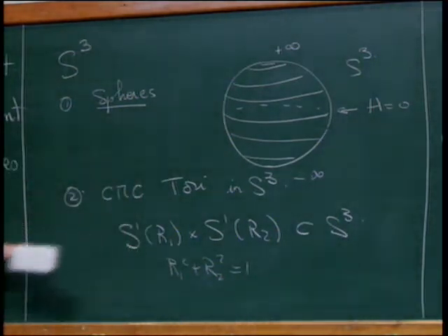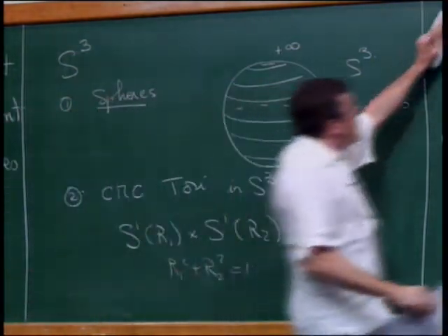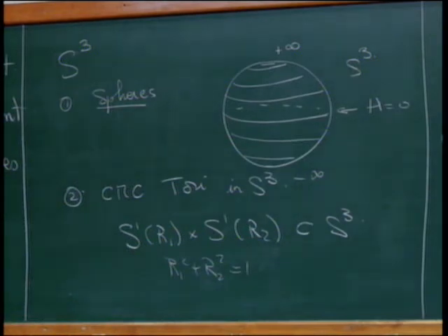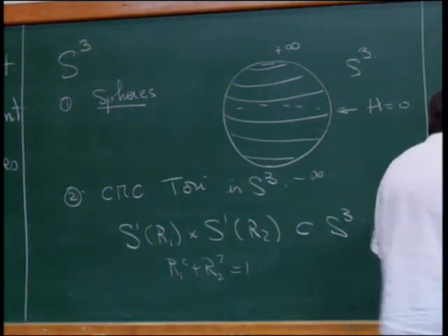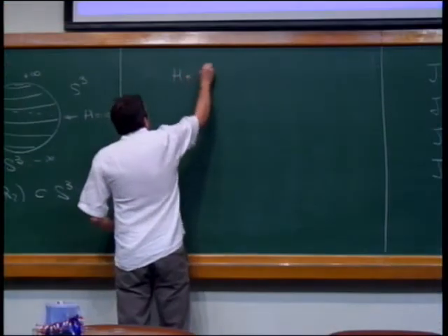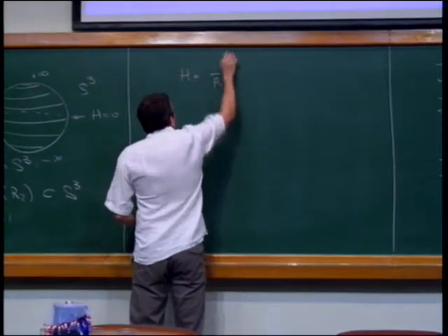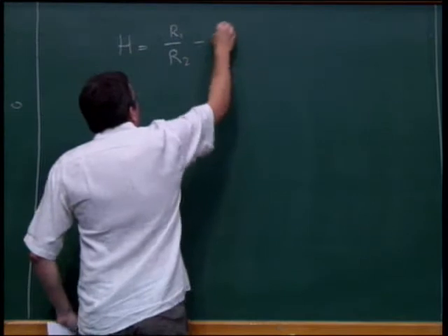Then you compute that the mean curvature, which is constant, is given by 1 over 2 times R1 over R2 minus R2 over R1.